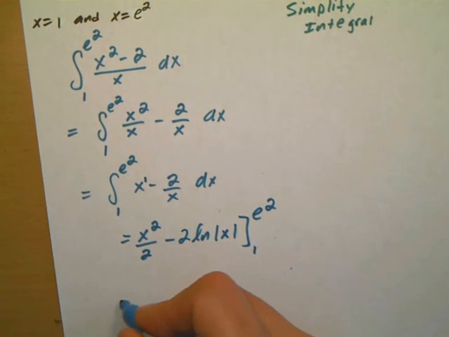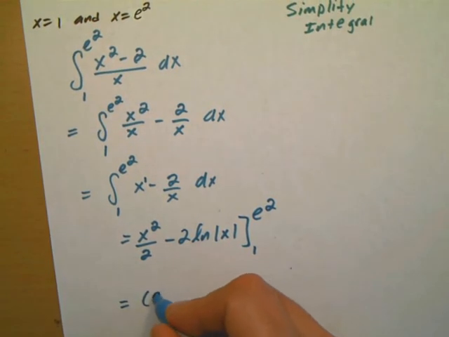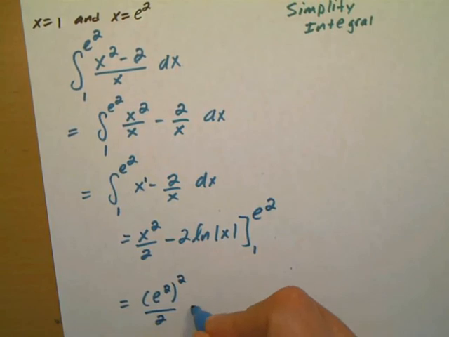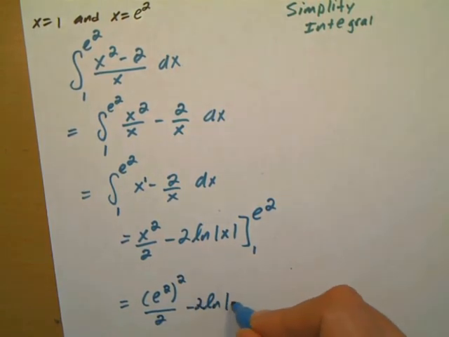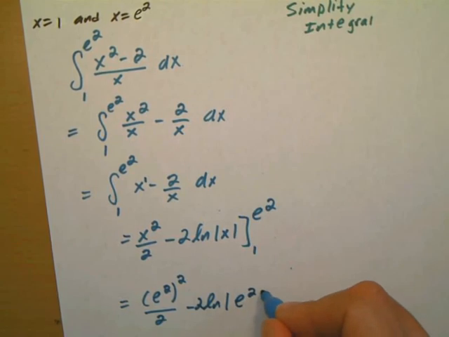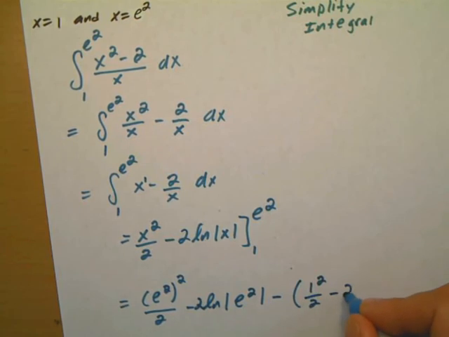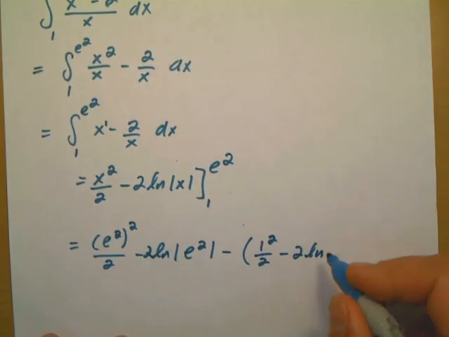And then I go ahead and plug in my upper limit, so it's going to be e squared squared all over 2 minus 2 ln absolute value of e squared, minus, and I plug in 1 squared over 2 minus 2 ln of 1.